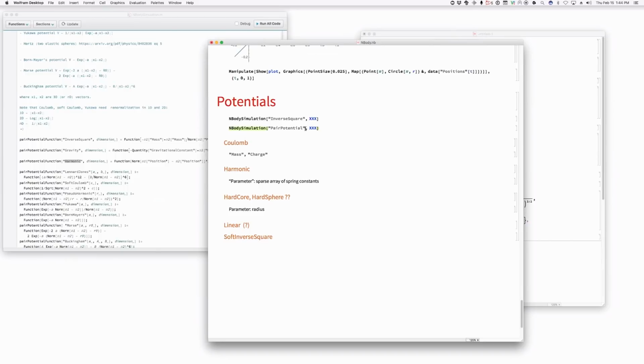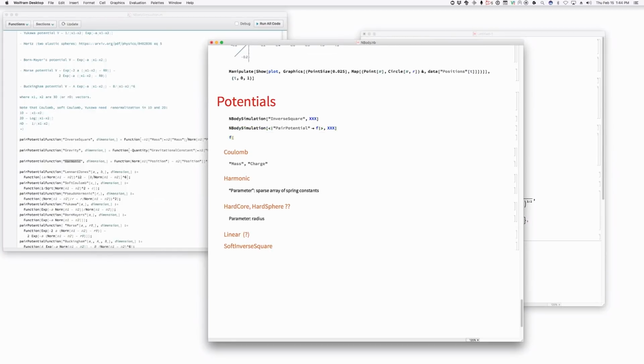What that takes is the function f there, and I don't know whether it needs to be in an association, but let's put it in one for now. So that f takes as an argument, if I'm not mistaken, body 1 and body 2 information, right? The associations for body 1 and body 2.